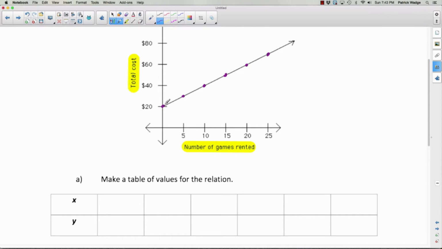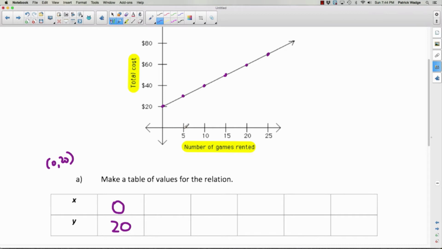So if you name this ordered pair right here, what point is that? Well, you start here. You don't move anywhere in the x direction. So x is 0. And then your y value is 20. Of course, we could also write it as an ordered pair, 0, 20. But they want us to do a table of values, so I'm going to do it this way. The next point, this one right here, has an x value.